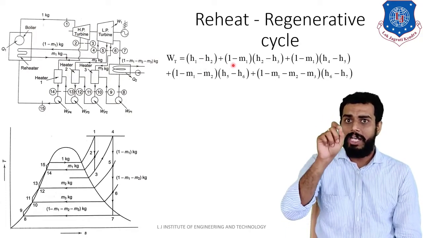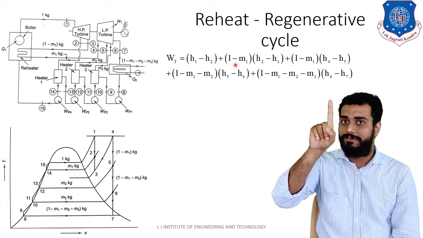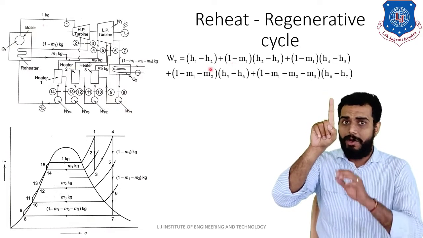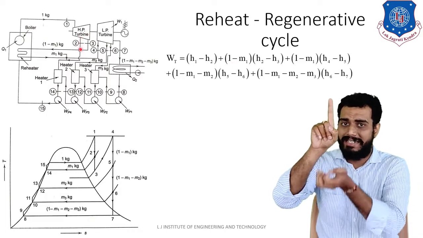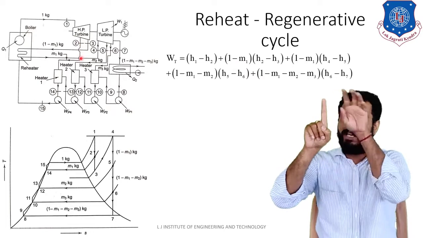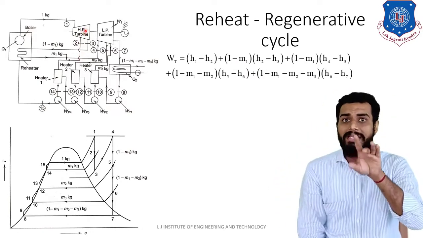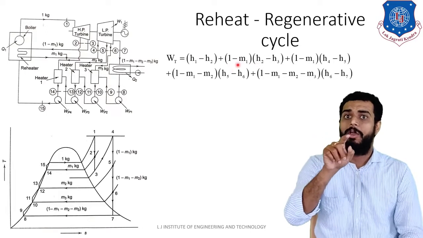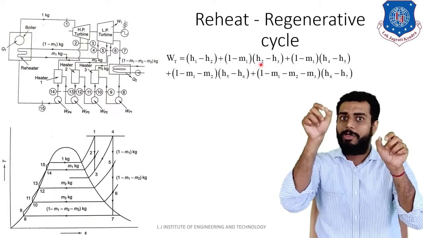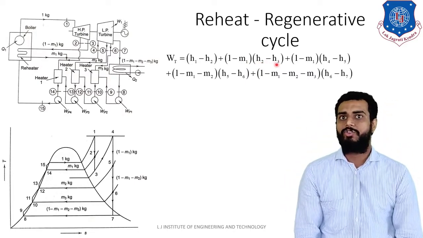Here, as you can see, initially you were having 1 kg of steam in the high pressure turbine, and from that 1 kg you are extracting M1 kg at the intermediate stage, that is at point number 2. So what we are left with in the turbine itself is 1 minus M1 kg of steam. That 1 minus M1 kg goes between points 2 and 3. So H2 minus H3. Clear? So H2 minus H3.